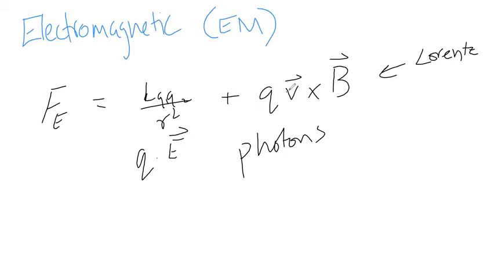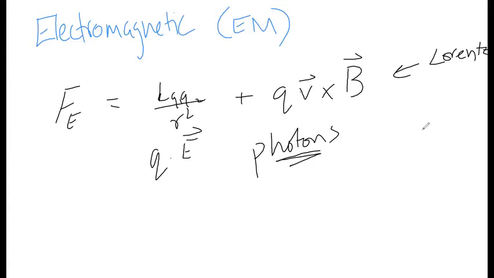Light comes as a result of electromagnetism. There's visible light, infrared radiation, radio waves, they're all just forms of electromagnetic radiation. Photons are the force carriers of the electromagnetic waves.